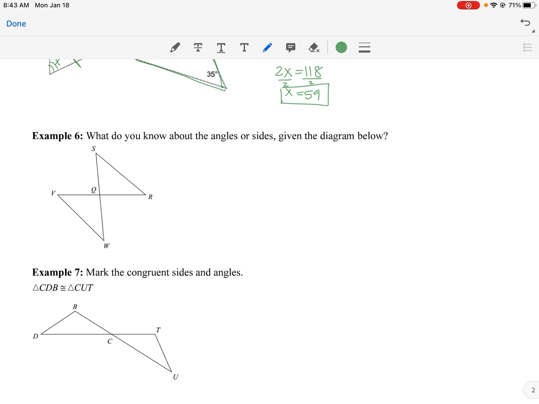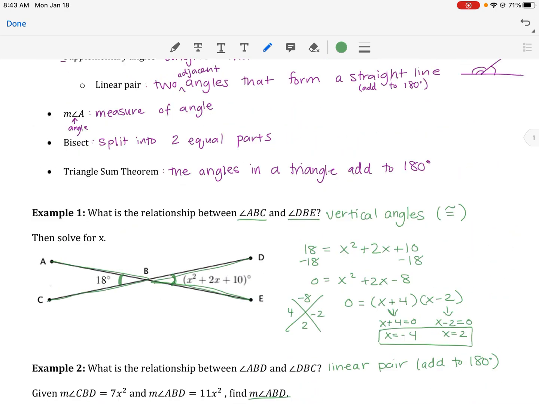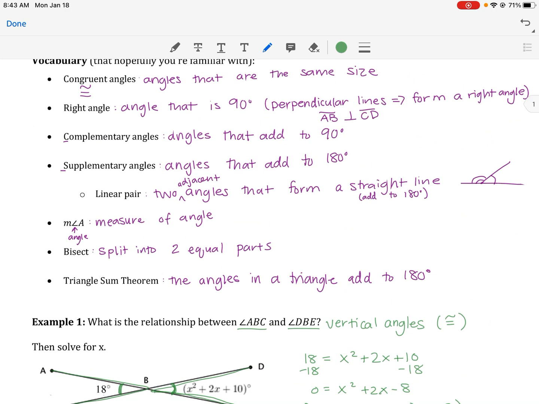Okay, what do you know about the sides or angles of the given diagram? One word of caution: you've got to be really careful in geometry. Unless it is something you're told, like, hey, I tell you the lines are perpendicular, or you can see that they make a linear pair, or I tell you that they're bisected, or you can tell that they're vertical angles.